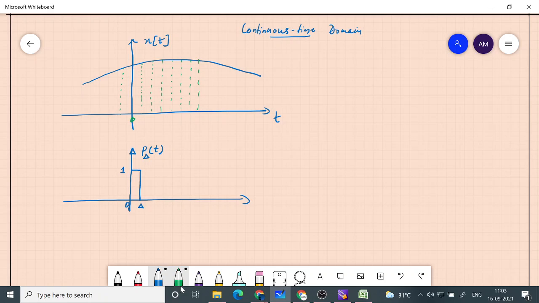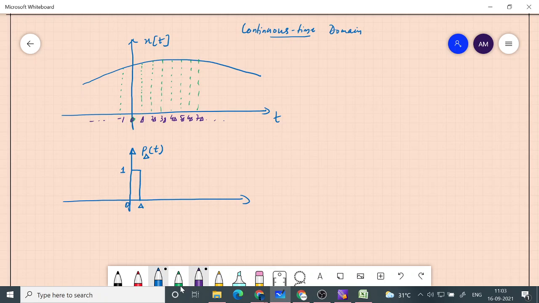So this is 0, and then slice number 1, 2, 3, 4, 5, 6, 7, etc. This goes on, I cannot show all. This is a continuous time function, but I am just slicing it. So this is 1 delta, 2 delta, 3 delta, 4 delta, 5 delta, 6 delta, 7 delta, and so on.